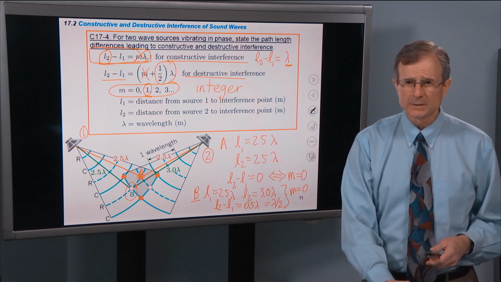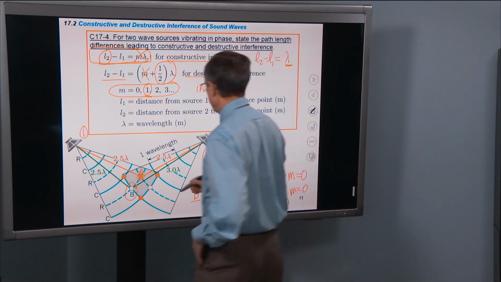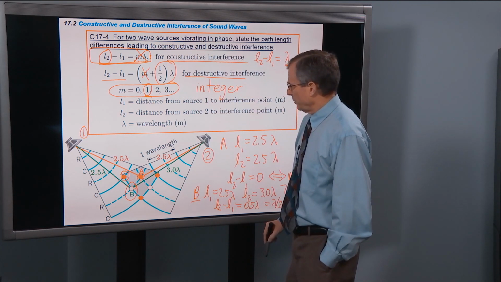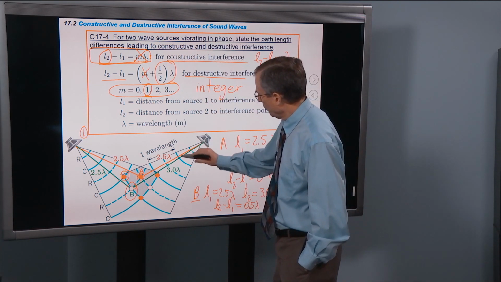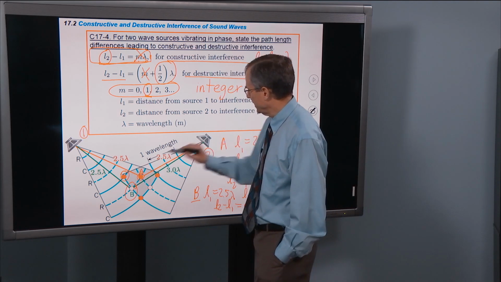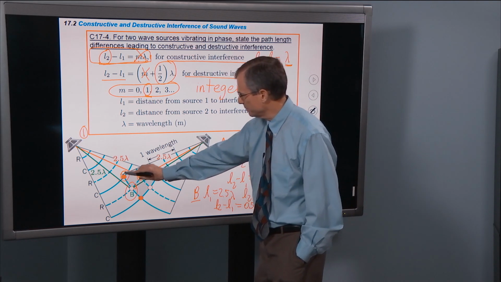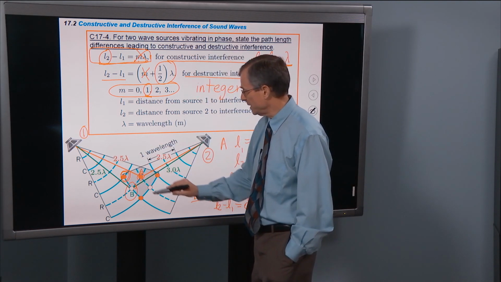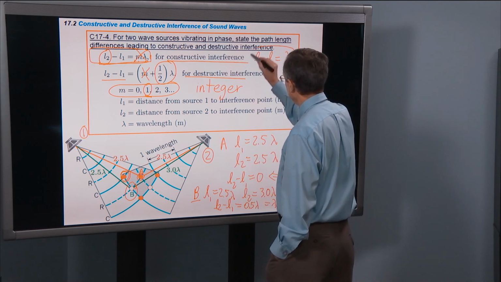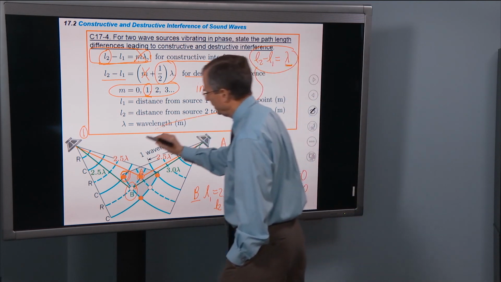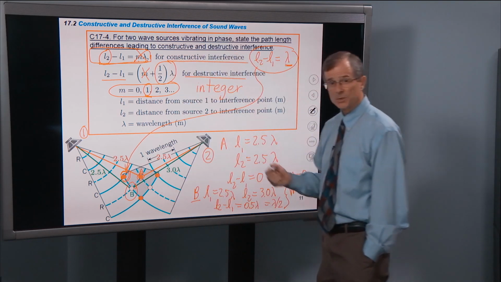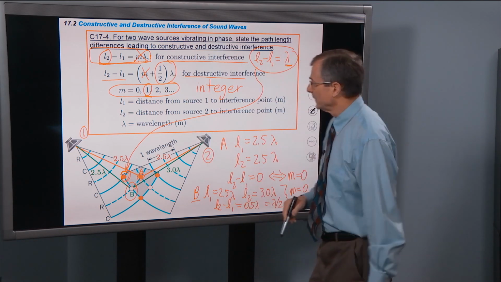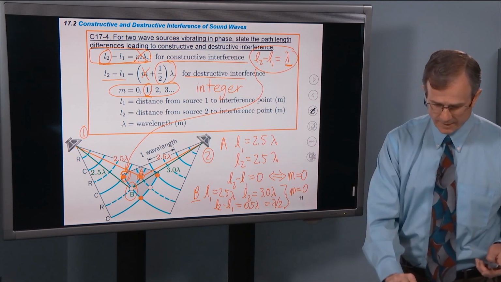In fact, this is an example of that case. We've got 3 wavelengths from the right speaker to this point, and 2 wavelengths from the left speaker. And so that would be the case where L2 minus L1 equals the wavelength, and we get constructive interference. And you can find other points as well for different values of m. So I think you get the idea about how that works.